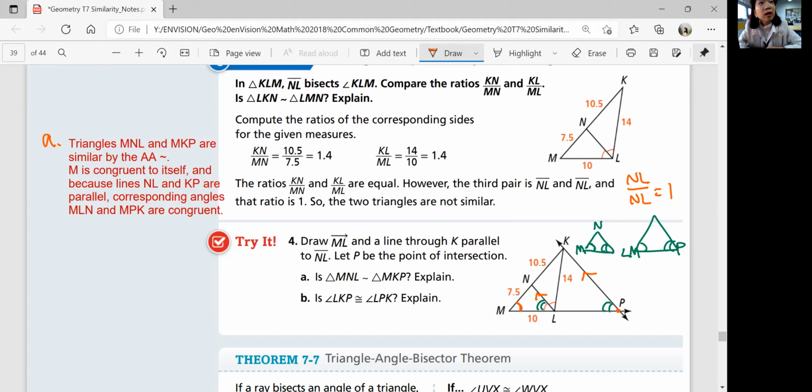You already know that these two triangles are similar, right? And so that means all sides are proportional. So 7.5 over 10.5 plus 7.5, which is 18, should be equal to 10 over MP.